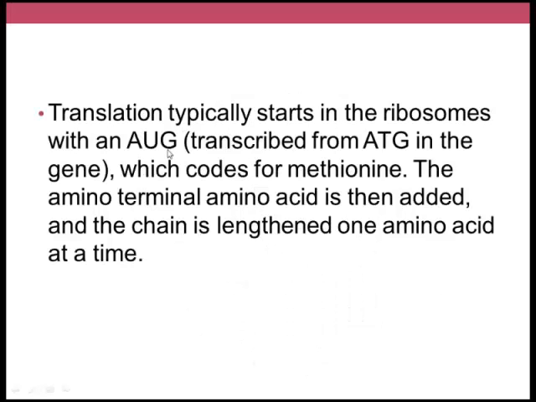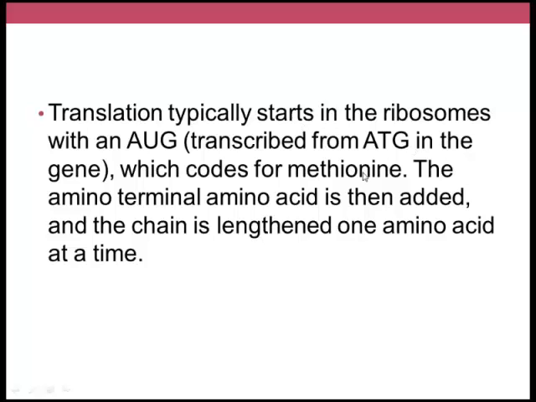Translation typically starts in the ribosome at a certain arrangement called AUG. This AUG codon codes for the amino acid methionine. AUG is present on the mRNA, but it is transcribed from the complementary ATG in the gene.